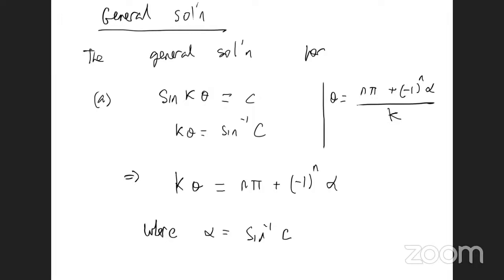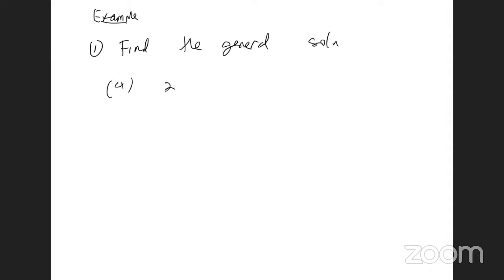Ready? All right, so example 1: find the general solution of 2 sine 3 theta is equal to root 2.